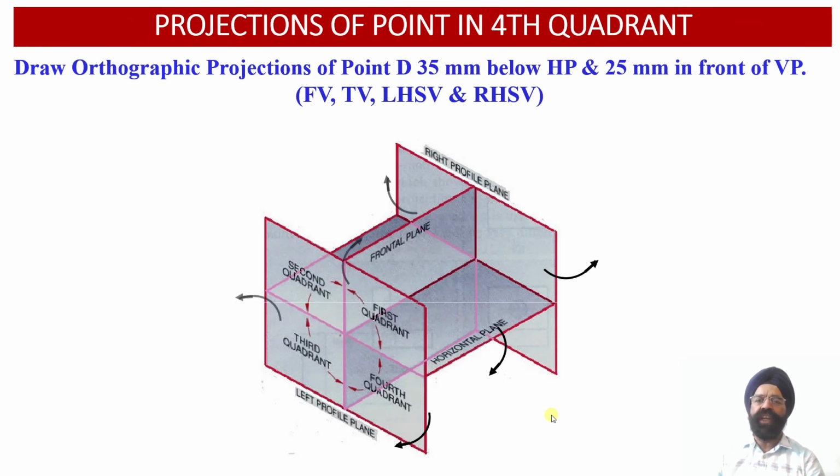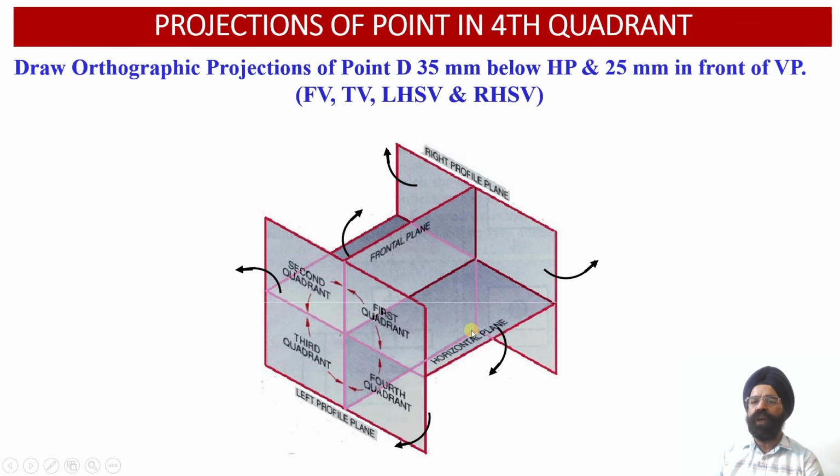So we need to carry out the rotation of these reference planes in such a way that we are able to obtain all these orthographic projections in a single 2D plane.